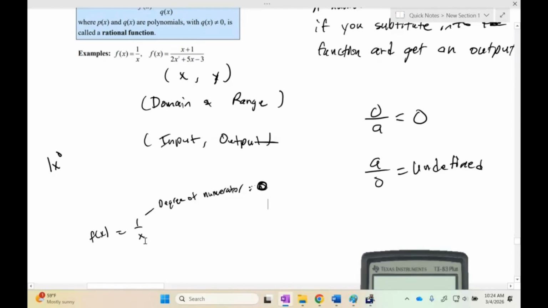What's the degree of the denominator? Well, this x is understood to be raised to what power? The first power. So the degree of the denominator is 1.